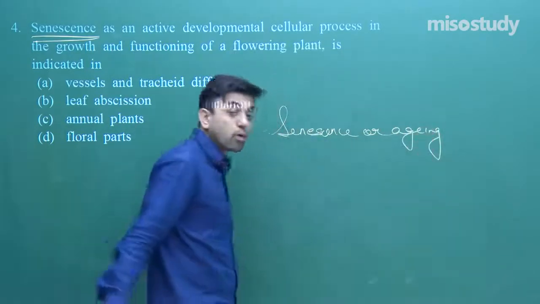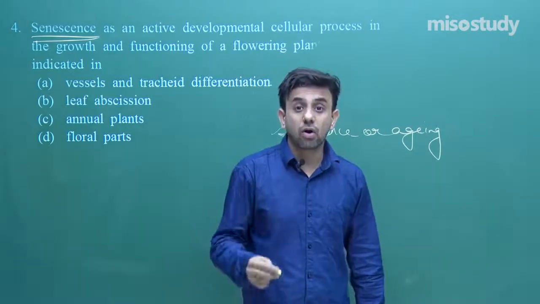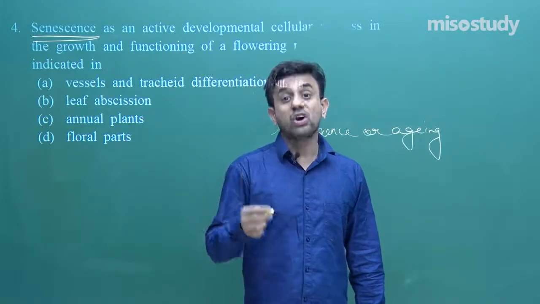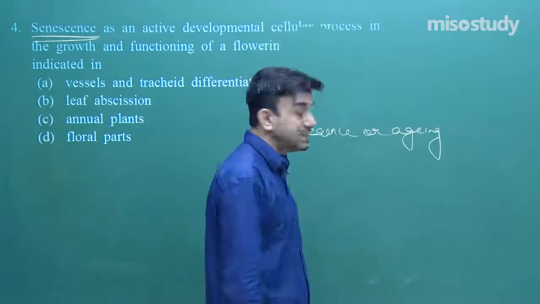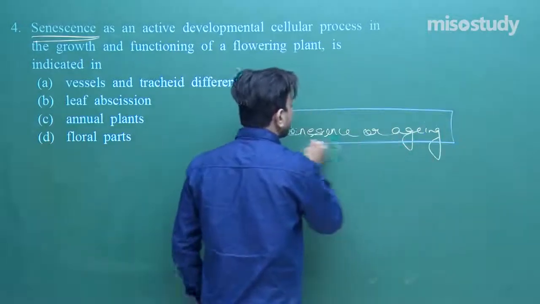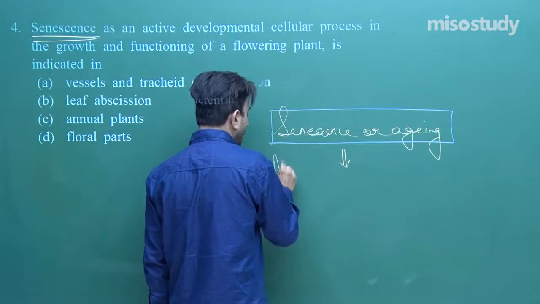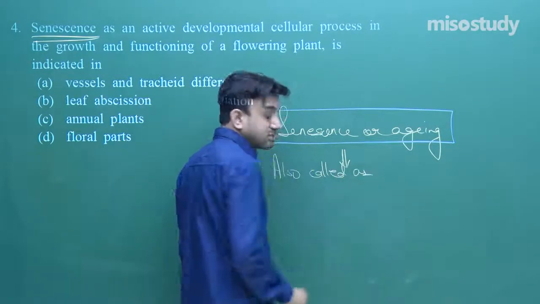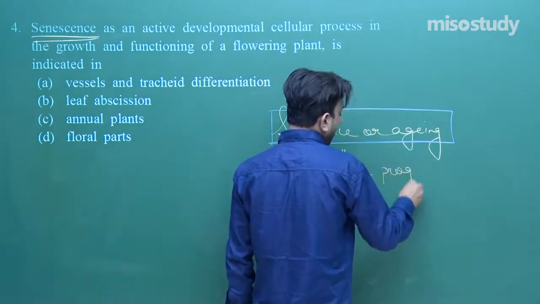Some call it programmed cell death, right? Programmed cell death they call it, or as I told you, organized deterioration is what is called senescence.